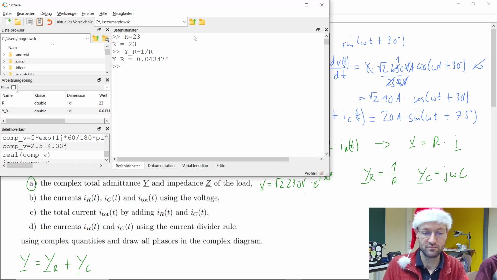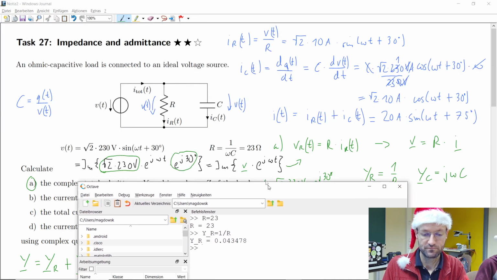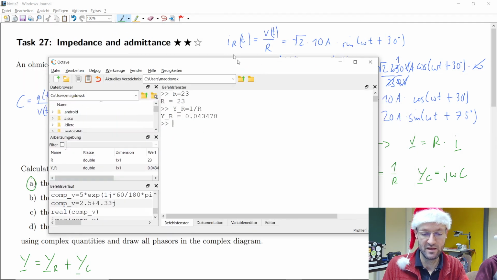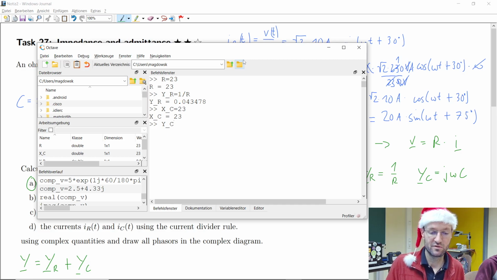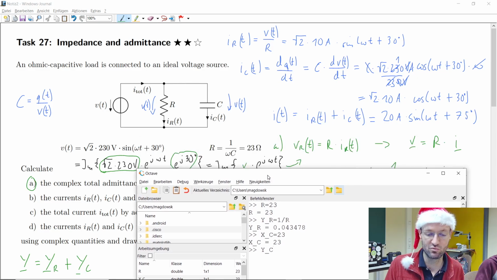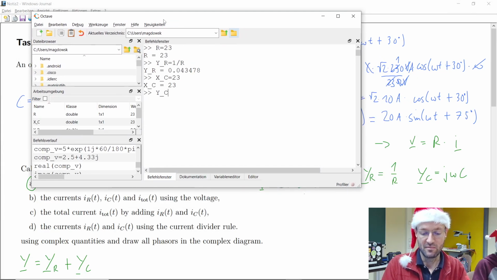And then we set 1 over omega C, this is what I will call XC. It's also 23 ohm, and this X is what we will call reactance. Yeah, it's now just a question on how do I put these numbers into my Octave. But the YC should be 1j divided by this XC.